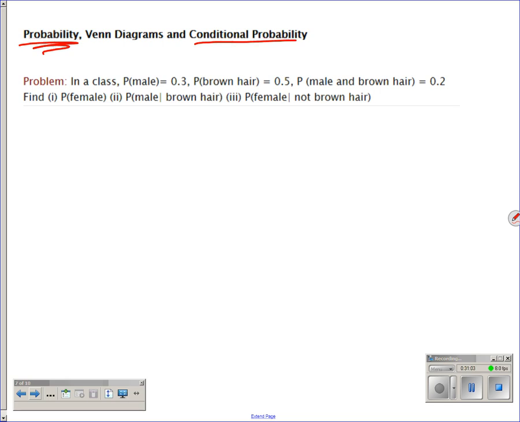It turns out Venn diagrams are very helpful for breaking apart conditional probability.